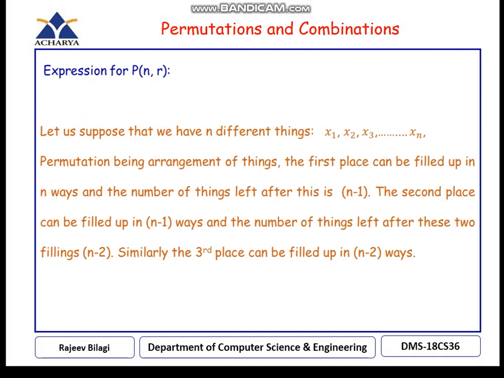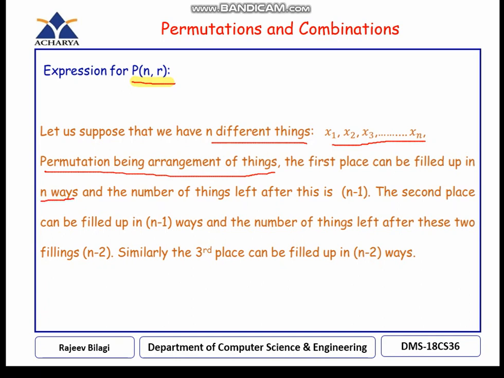Now I'll represent this in terms of P(n, r). Let us suppose that we have n different things, that is x1, x2, x3 up to xn. Permutation is the arrangement of things. When you are arranging these, the first place can be filled in n ways.